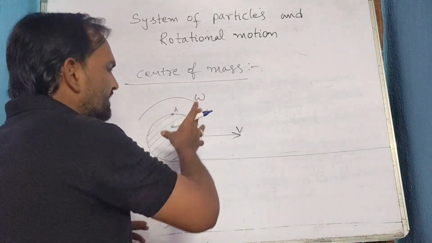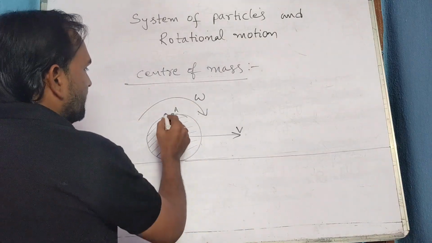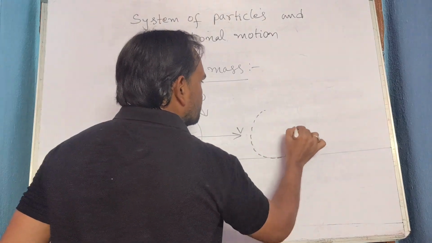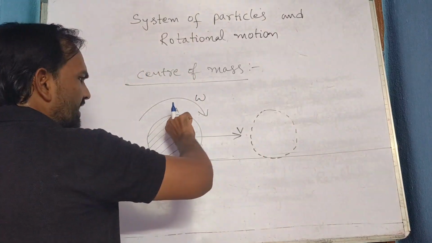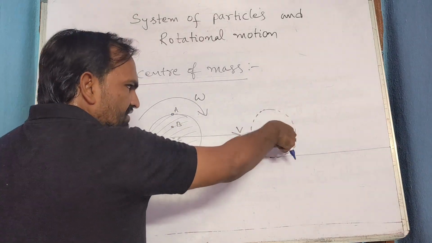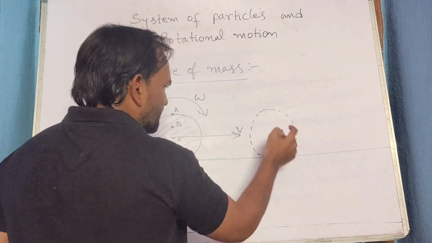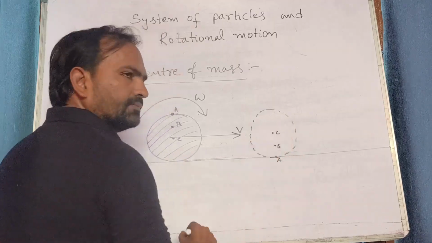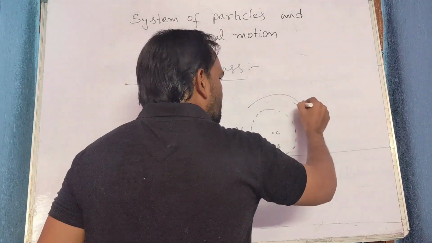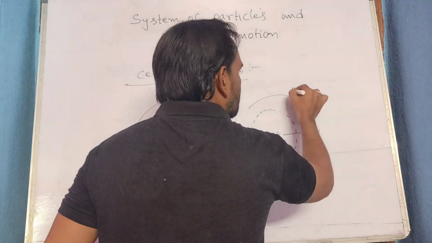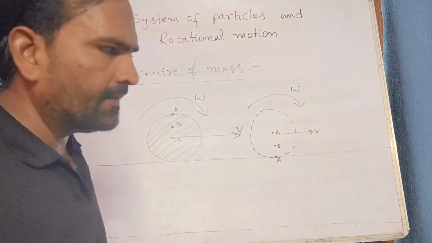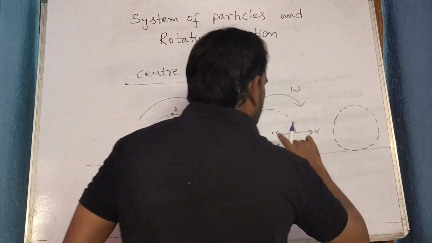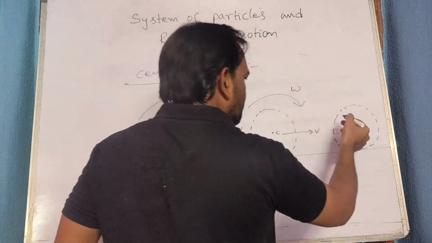When the body is rolling, observe carefully. When the body reaches this position, the places of points A and B also change. A comes to this place, B here and C here. Another time the body rotates and moves in the straight line direction, so its positions change again.